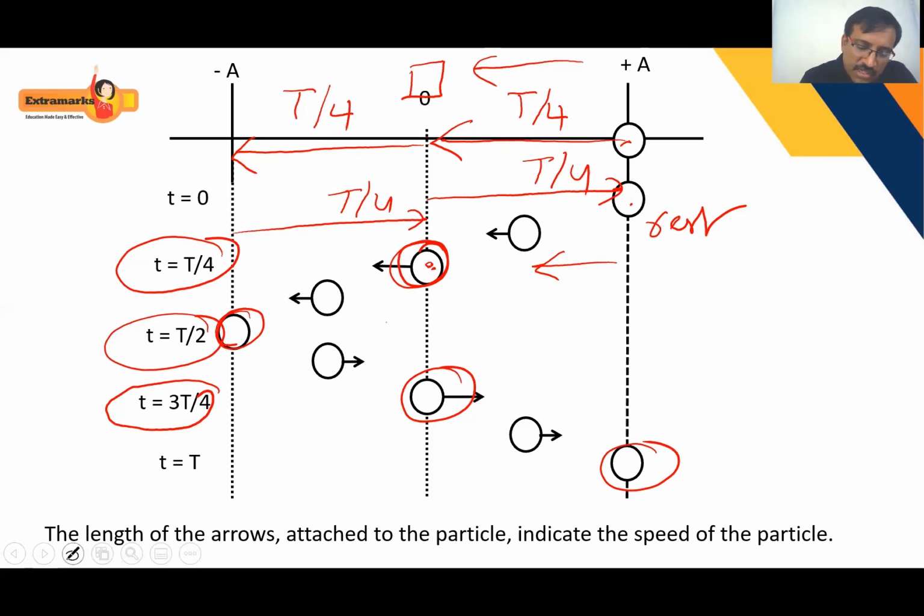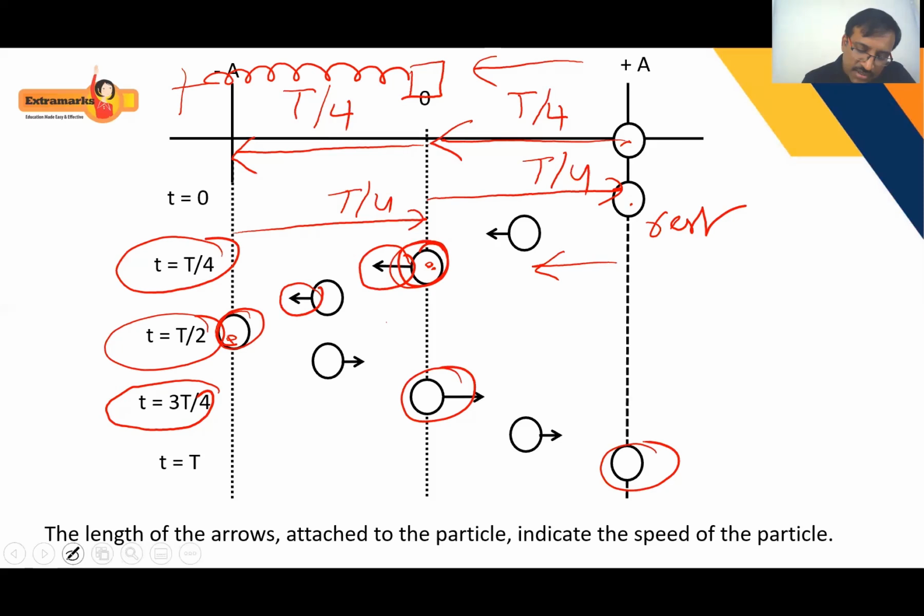Now when it comes here, the spring will start compression after this left. So compression means there is an opposition by the spring on the block. So the speed, the length of the arrow you see, goes on decreasing, and finally it will come to rest.